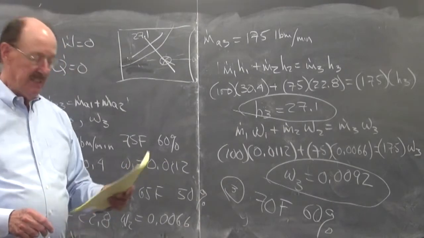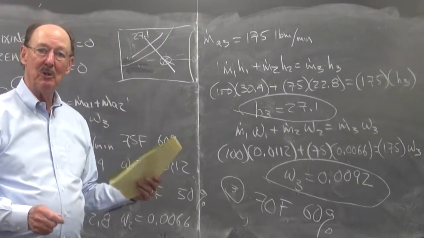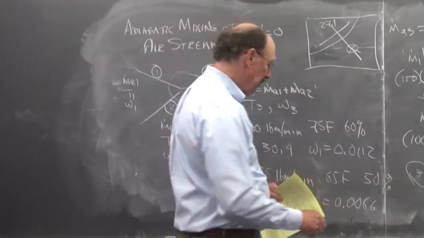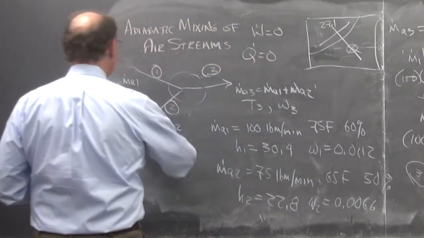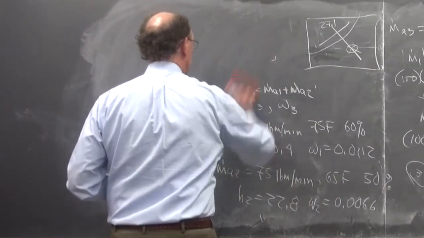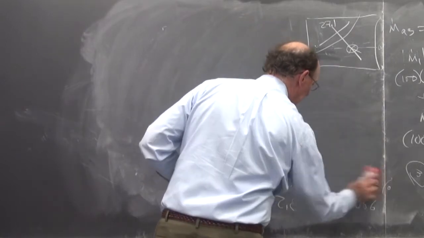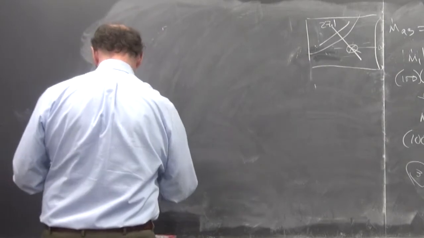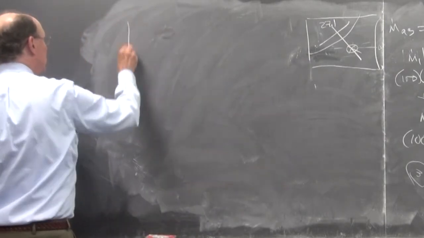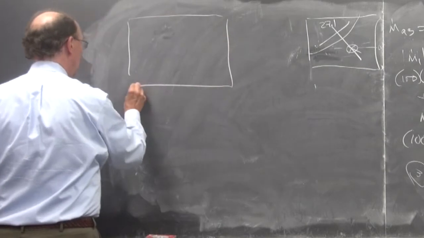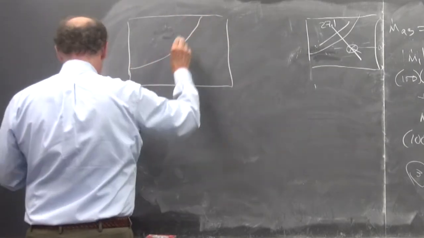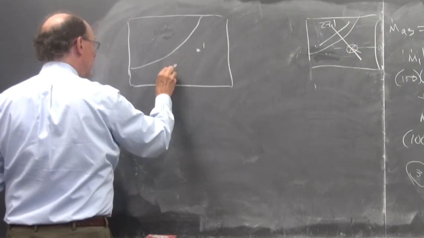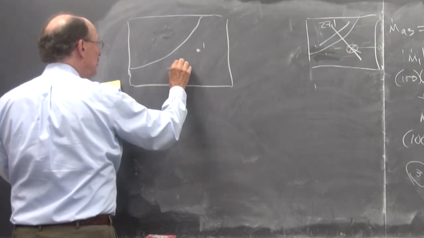Now, there's a sneaky little thing going on here that I'd like to show you so I could make your life easier, which often doesn't happen. So if I look at the psychrometric chart and plot 1 and 2, here's state 1, here's state 2, and I draw the line between them.